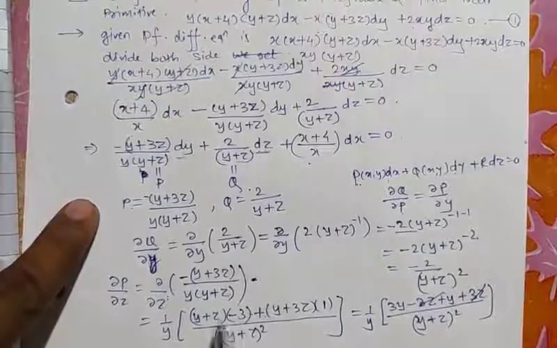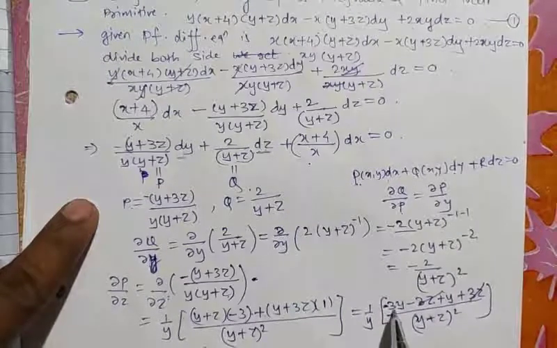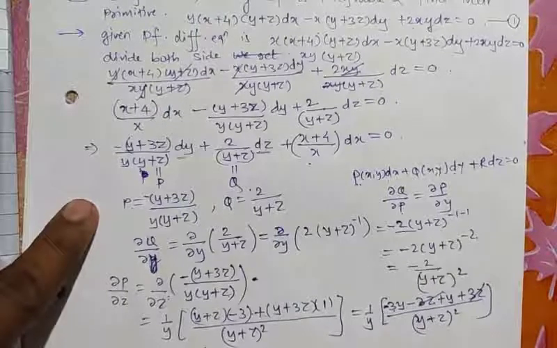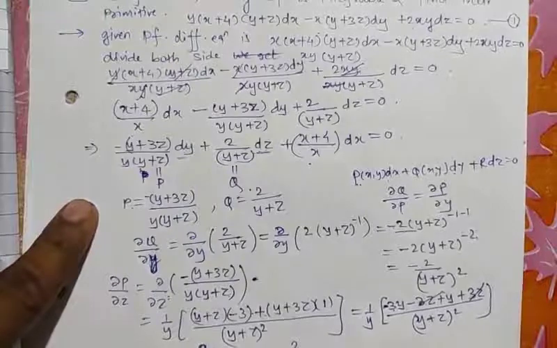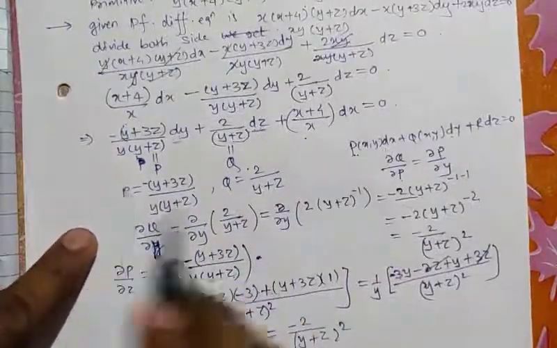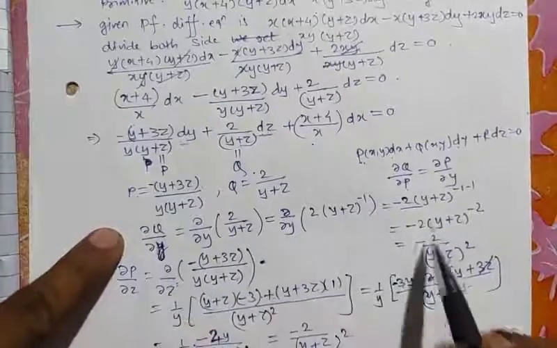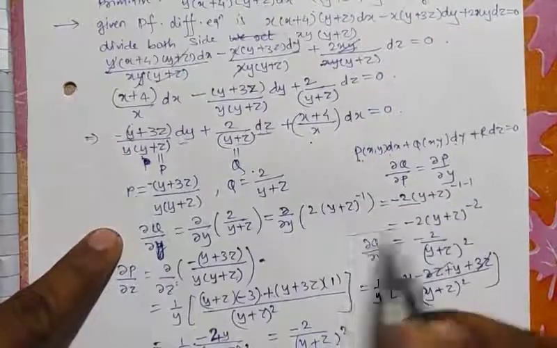After multiplying by minus 3 we get the minus sign. So here is −3y + y, which is −2y, and y gets cancelled, so −2/(y+z)².